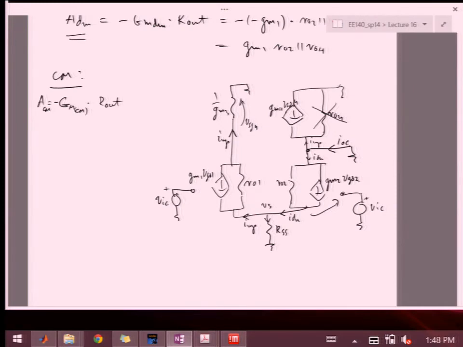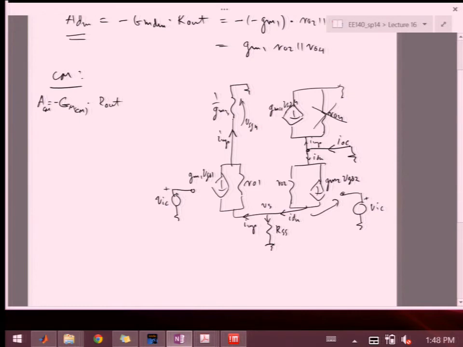Right? If this RSS didn't exist, my I up will be equal to I down. And then what would happen? What would be my common mode gain? 0. Right? Or I up will be minus I down. But basically, there will be no IOC. Right?